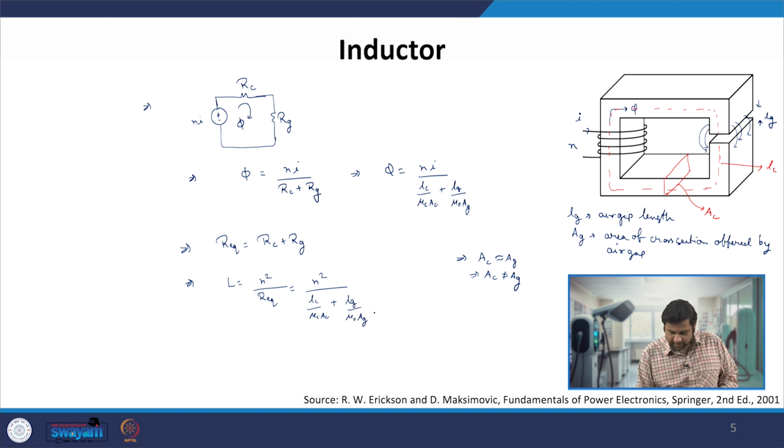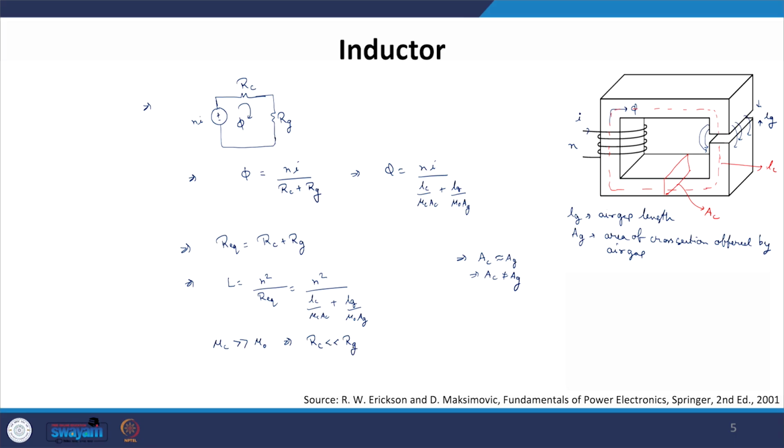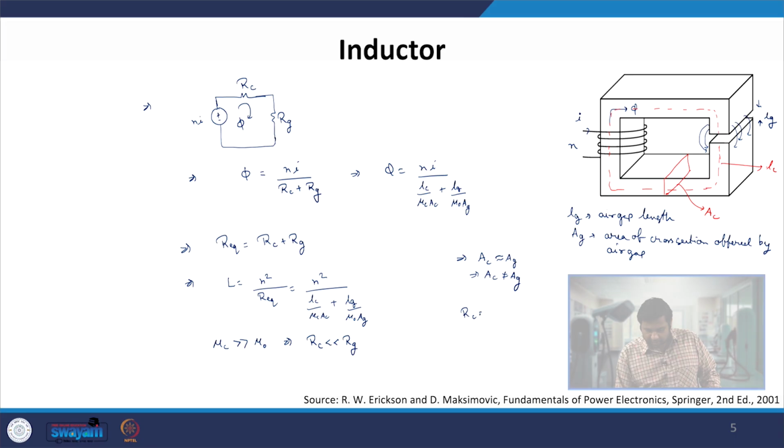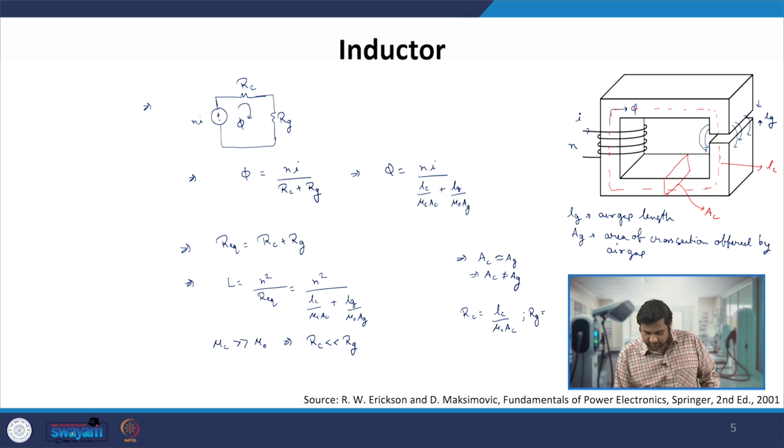Now we can take another approximation, because we know that mu c is very much greater than mu naught. That is when Rc is very much smaller than Rg, because the reluctance offered by the core is Lc by mu c Ac, and the reluctance offered by the air gap is Lg by mu naught Ag.